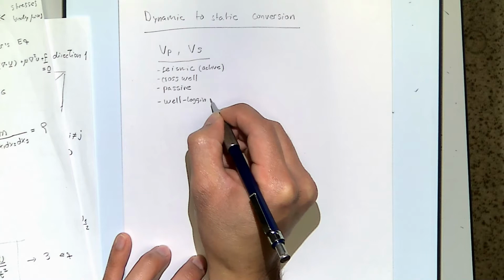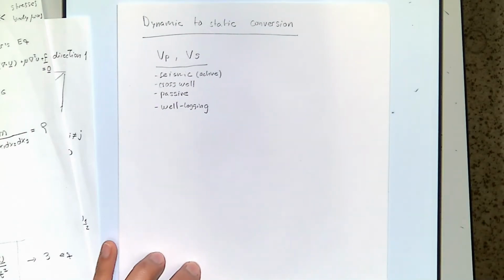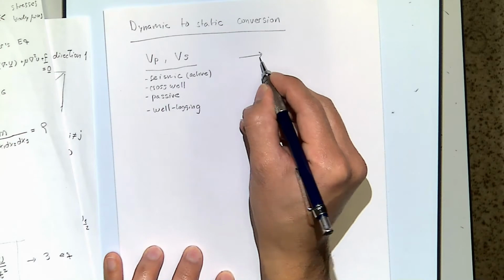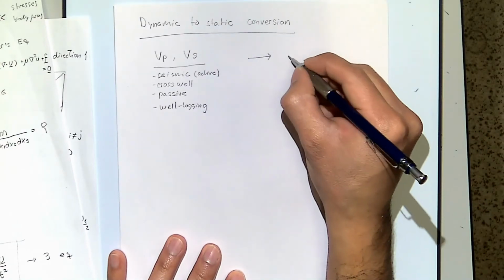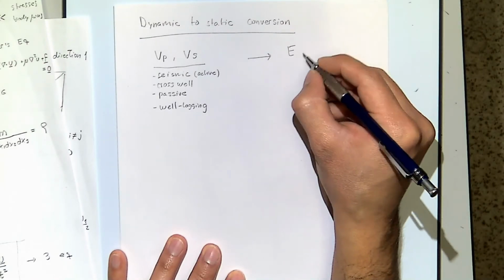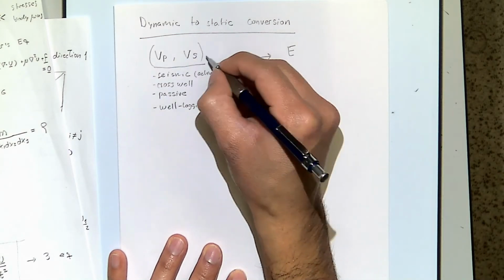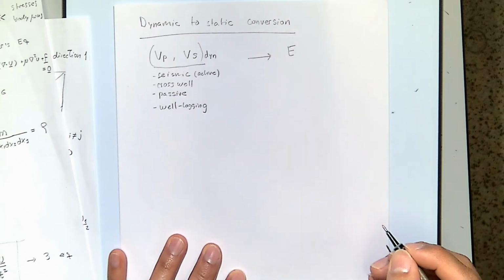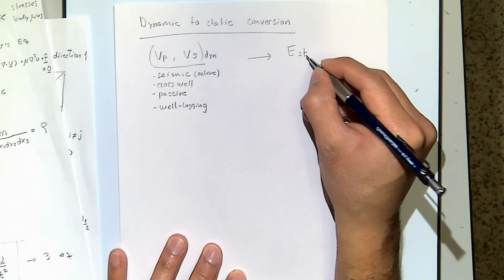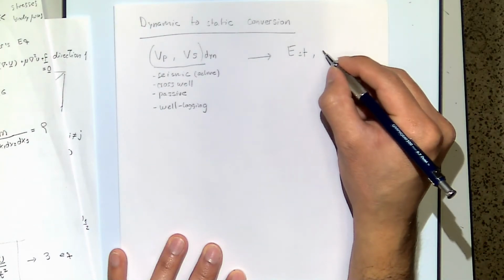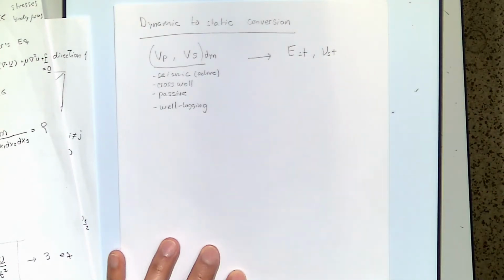With all these types of geophysical surveys, you could measure Vp and Vs in the subsurface. And from there, we want to get the Young modulus. So of course, if it is Vp and Vs, this is something that we call dynamic. We want to get the Young modulus and the Poisson ratio that will resemble the static conditions.